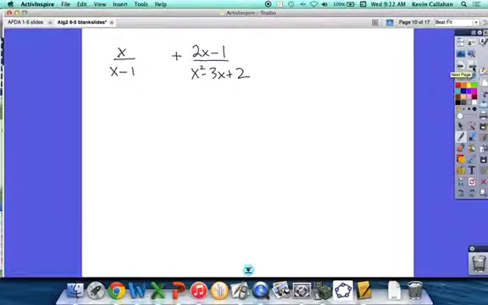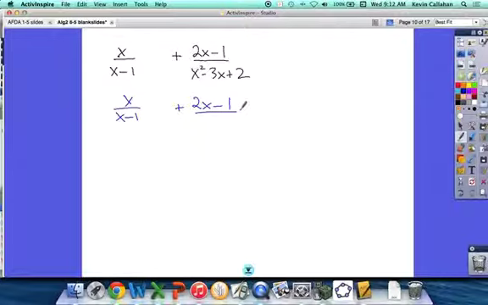Factor the denominator. Okay, well in this case, that will be x over x minus 1. And this one will be plus 2x minus 1 over, and how does x squared minus 3x plus 2 factor? I would say x squared minus 2x. You would do x.